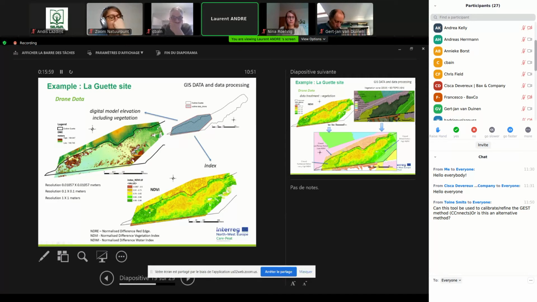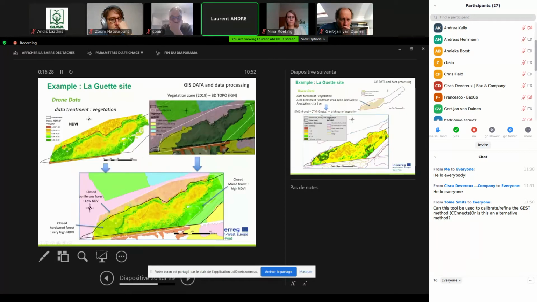So from this drone measurements, we can determine the digital elevation model, including in this case, vegetation. And from the digital elevation model and this one, we can deduce, for example, the NDVI, so the vegetation index at the peatland scale.